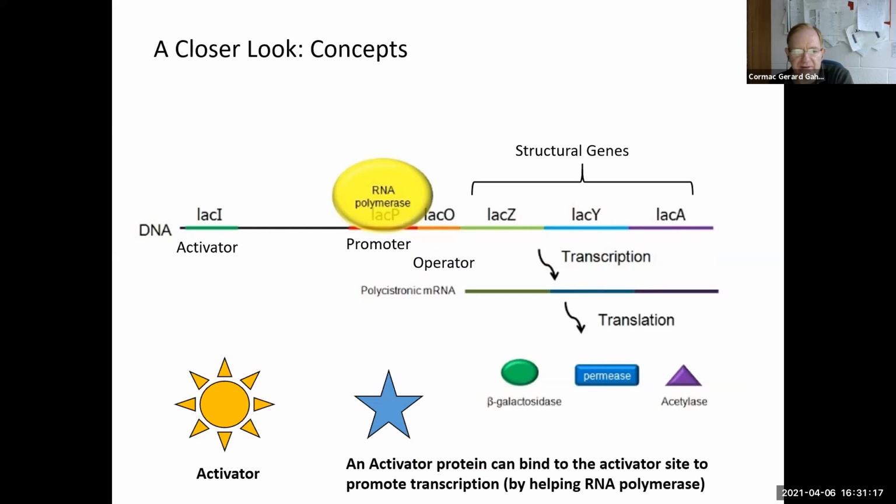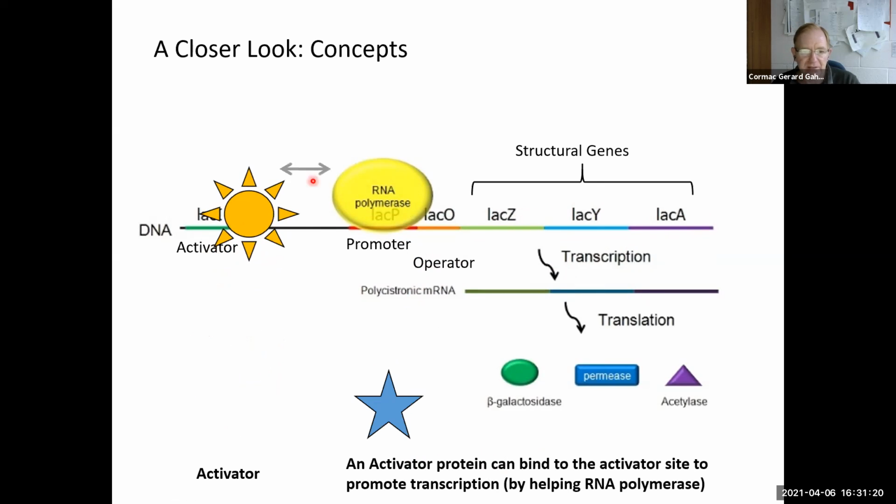Here you've got the concept of an activator protein. In this example, the activator binds to an upstream site, the activator site, and this actually promotes transcription. What this does is it helps the RNA polymerase to find the promoter. A bit like a sigma factor, the RNA polymerase interacts with the activator, and this improves gene expression.